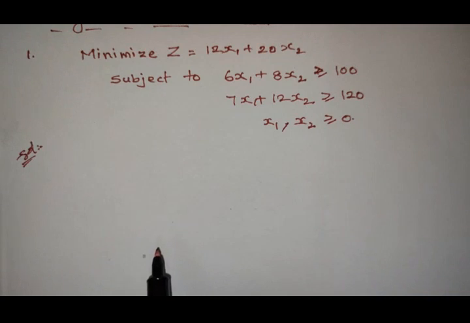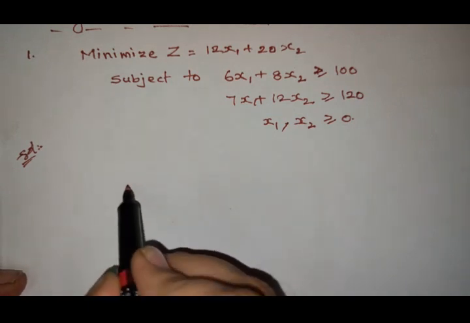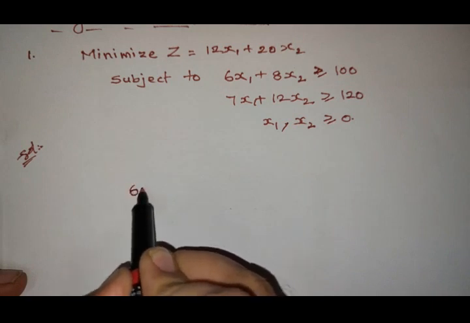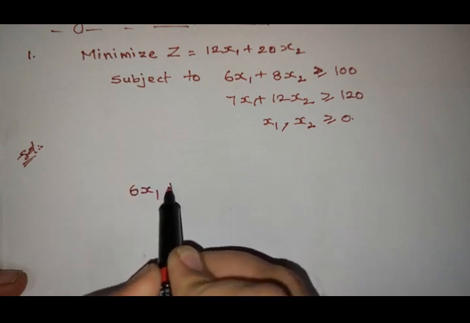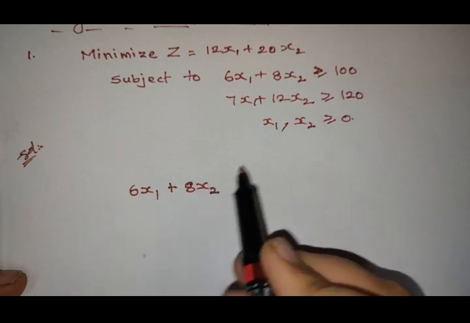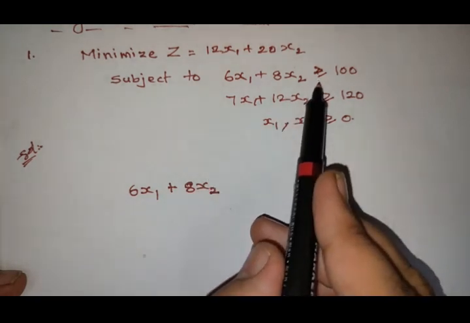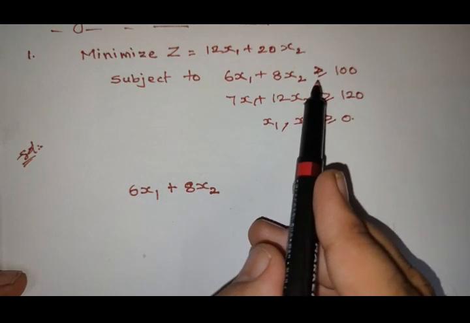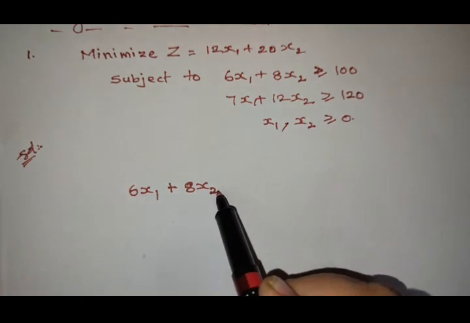First let us take the first constraint, 6x1 plus 8x2. Here a greater than or equals to constraint is there. If a less than or equals to type constraint is there, then we will add a positive slack variable.